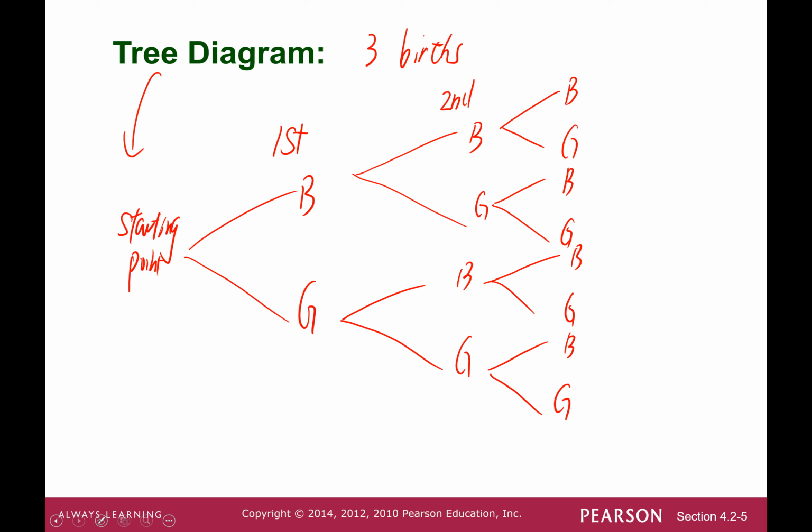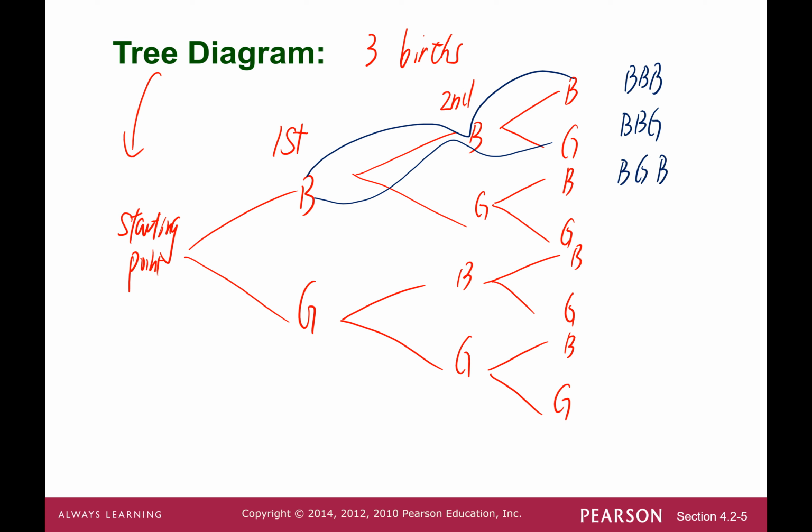Now follow the branches of the tree to see all these possible outcomes. First one is boy, boy, boy: 3 boys. Second one is boy, boy, girl: 2 boys, 1 girl. Third one is boy, girl, boy, and then boy, girl, girl. Then we get the first half of the tree.